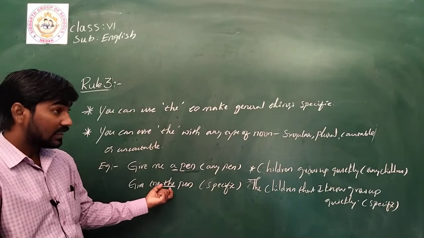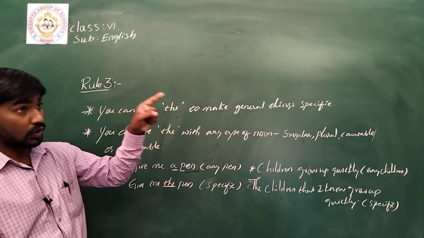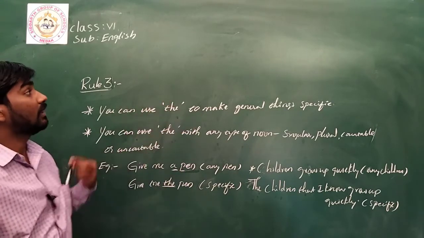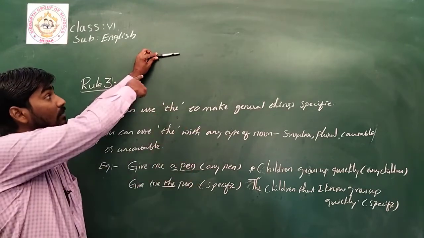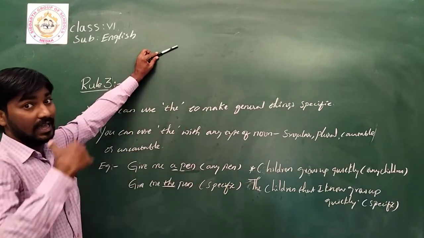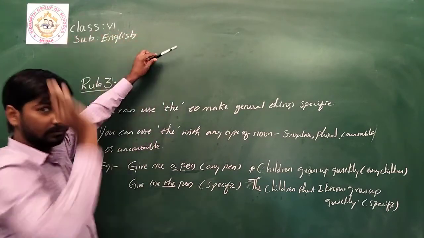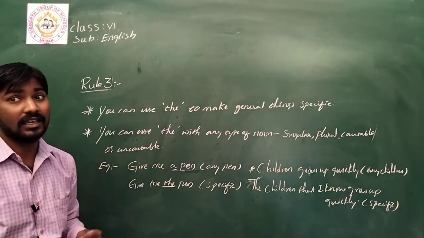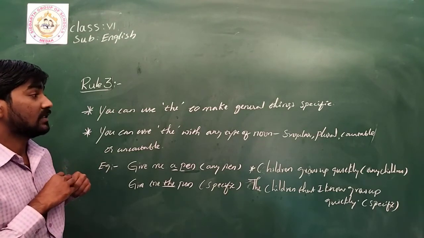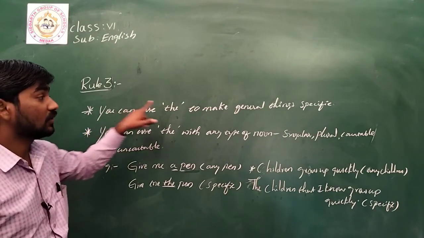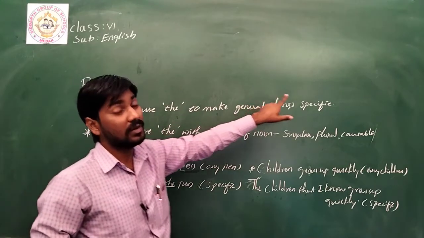But when you say the pen, it means so and so particular pen. For example, the pen is here. Hey, give me the pen, means you can see it, I can see it. Both can see a particular thing, then we can use the. So general things will become specified ones.